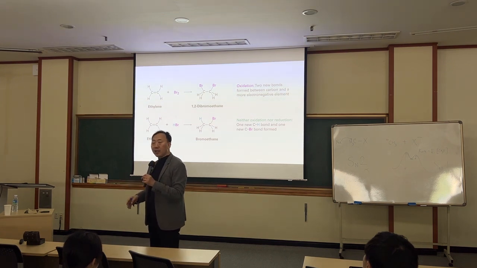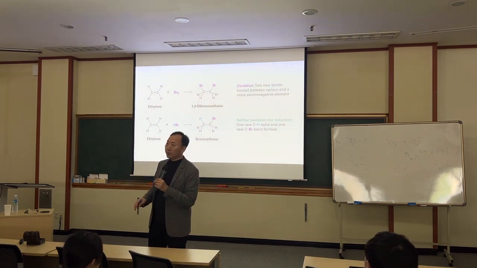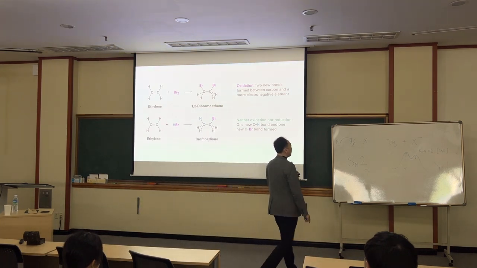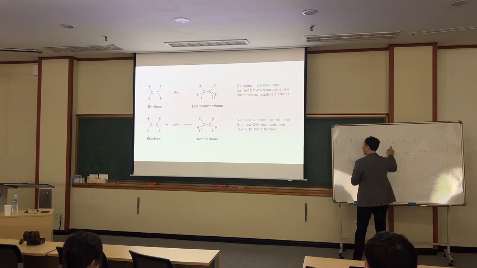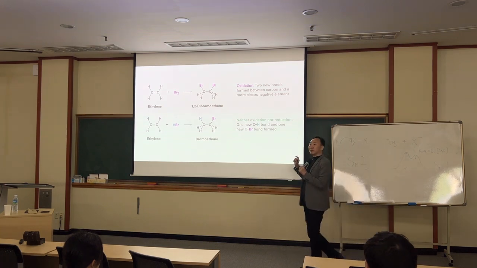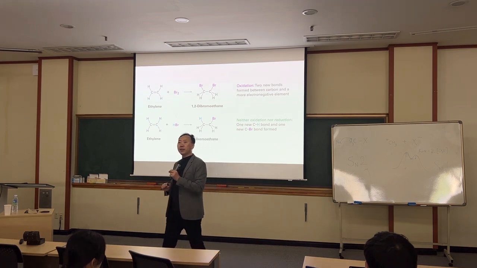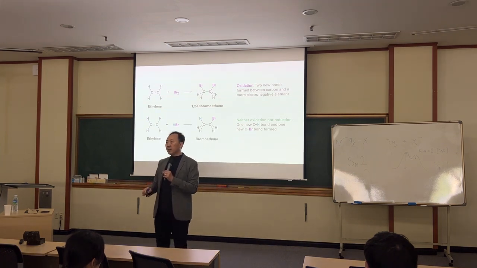If it's tertiary, SN2 is impossible. Then, if it has a chance, it will prefer SN1. So this kind of discussion we are going to continue with different examples.